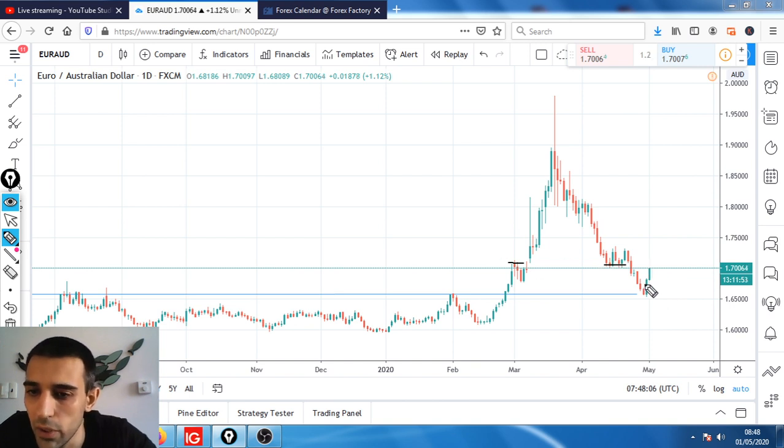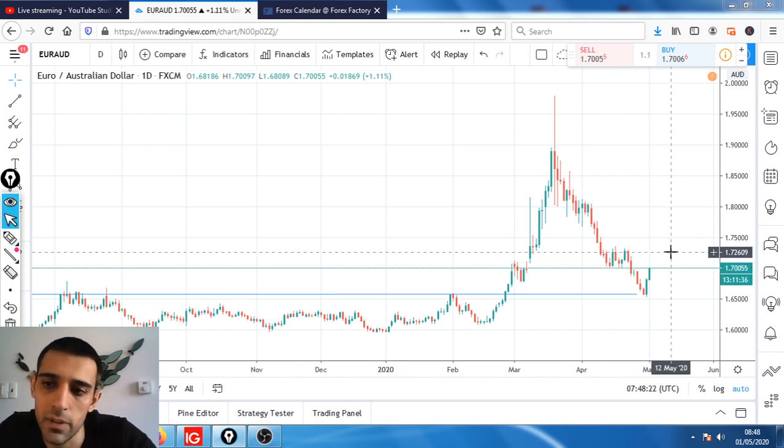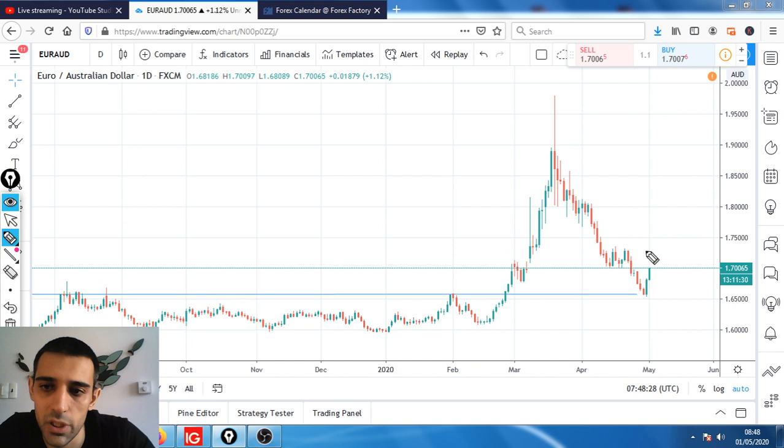But the way it looks so far, it looks pretty strong. So I do think it's probably going to break this zone and continue to these highs. This is the next very strong resistance area. So in this case, I will be positioning my target at the 172.70 zone, which is up here.